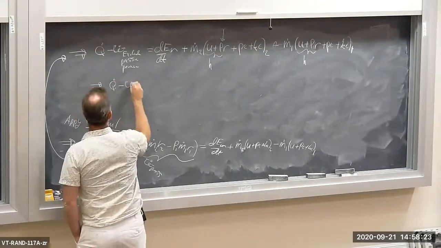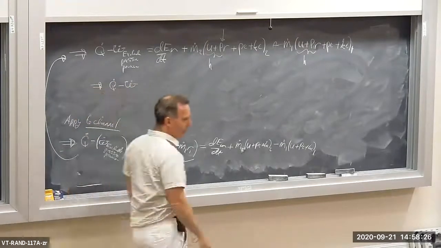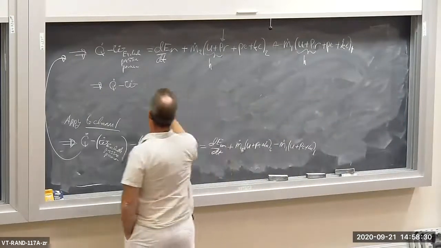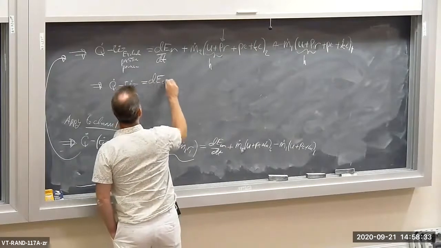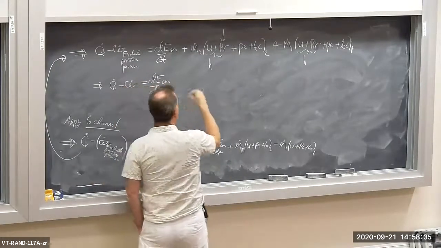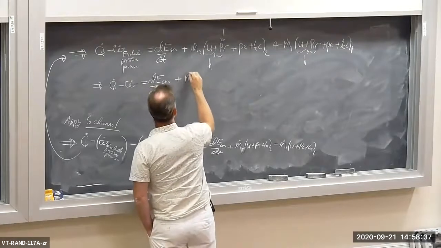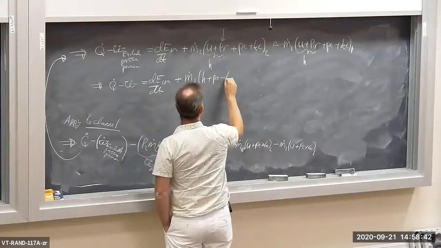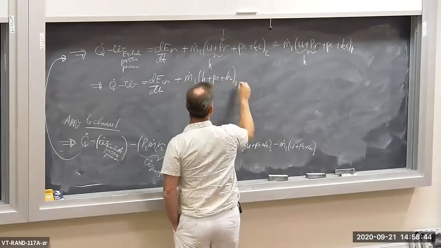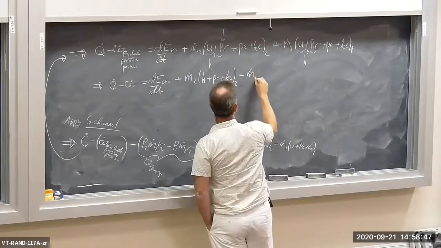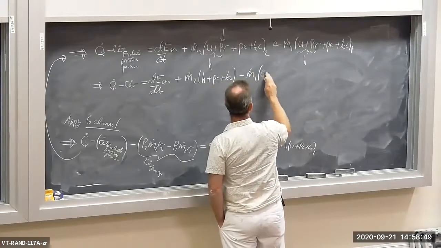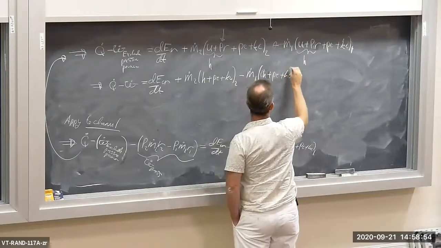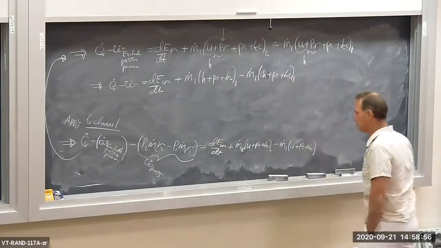Q dot minus W dot. I'm not going to write excludes pressure power anymore. It's understood that this is shaft, electric, and boundary. dECV dt plus m dot 2, H plus PE plus KE at the outlet, minus m dot at the inlet, H plus specific potential plus specific kinetic energy at the inlet.